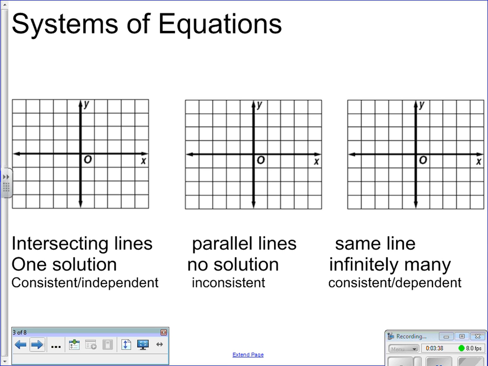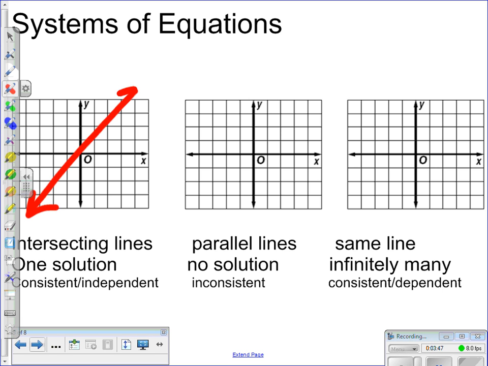These are the three things that can happen when you have a system of equations. You've already seen the first one, which is two lines that intersect. When two lines intersect, you have one solution, and you have a system that is consistent and independent.